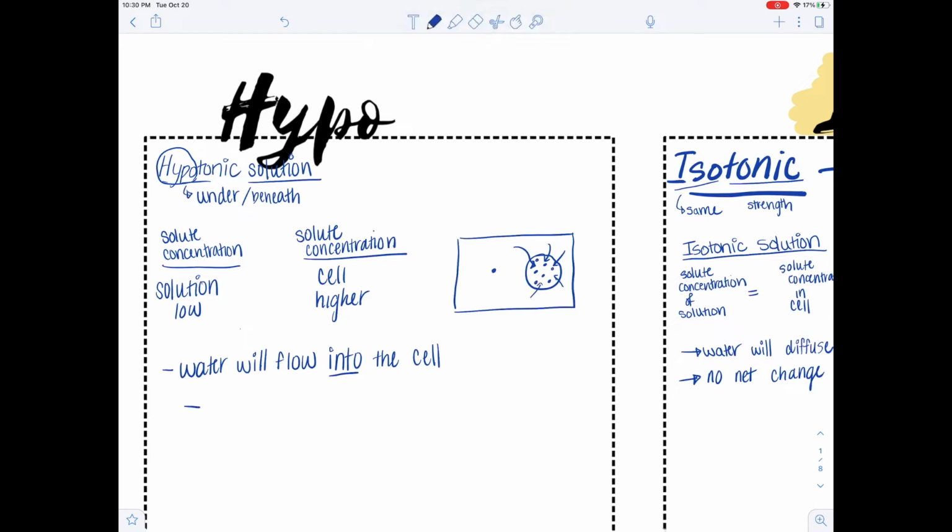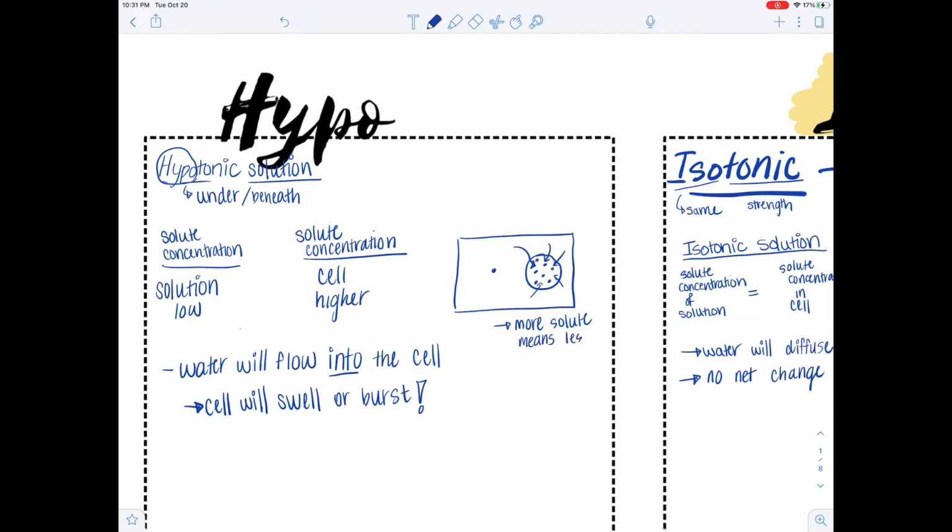And when we have this water flow into the cell, this is going to cause the cell to swell or burst, depending on the type of cell we're looking at, and we'll come back to this in a little bit. Now, I want us to take a minute and wrap our minds around this concept, because this could be confusing because of the way that we are referring to it. We're referring to solute.